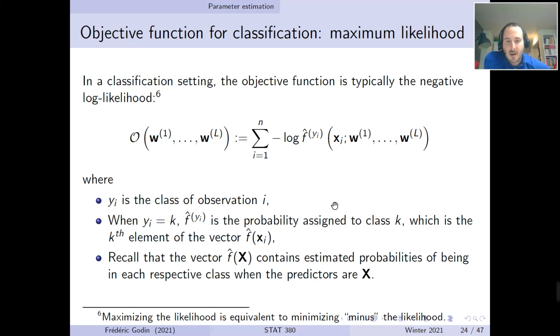Recall that the vector f of x, the output vector of the neural network, contains the probabilities of being in each class. So f hat yi is simply the yith element of that vector of probabilities. If yi is equal to k, it is simply the kth element of the vector of probabilities of being in each respective class. So we see how the neural network can deal with a maximum likelihood objective function in the classification setting.